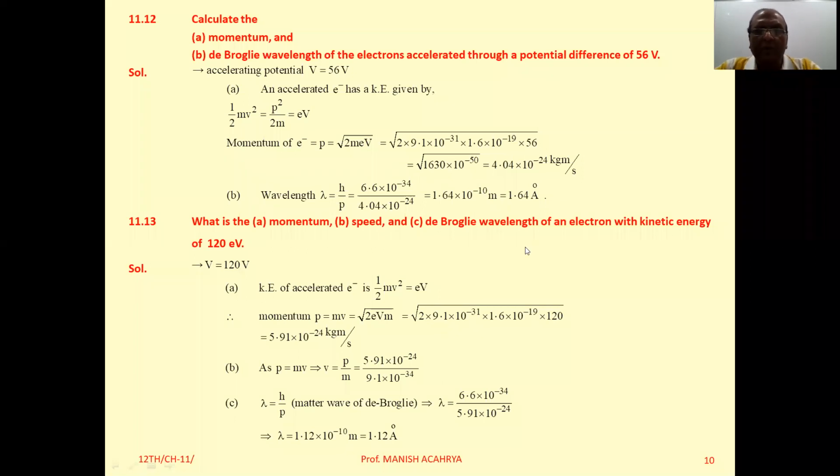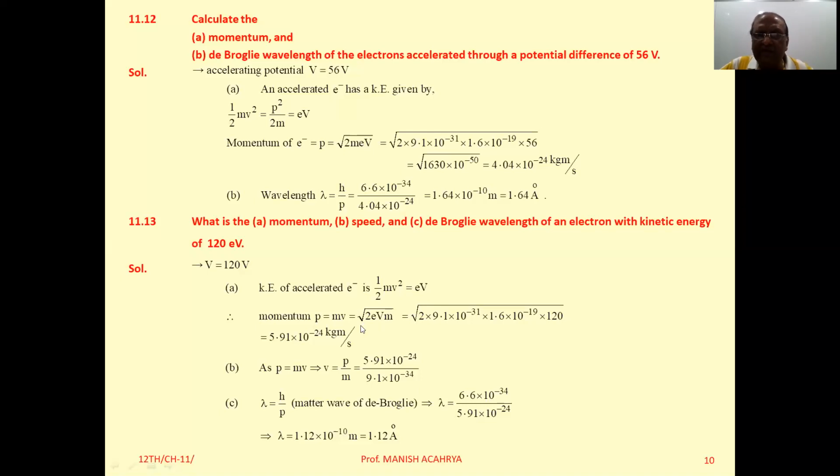11.13. What is the momentum, speed, and the de Broglie wavelength of an electron with kinetic energy of 120 electron volt? Okay. Now, kinetic energy of accelerated electron, that is half mv square, is equal to eV. Okay. Now, momentum p is equal to under root 2meV.